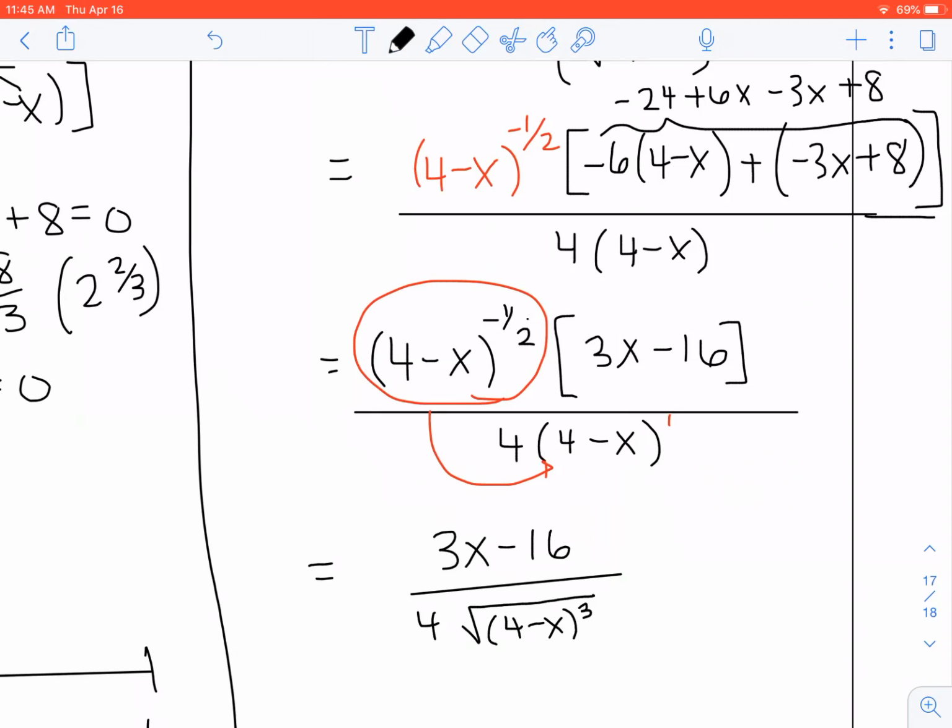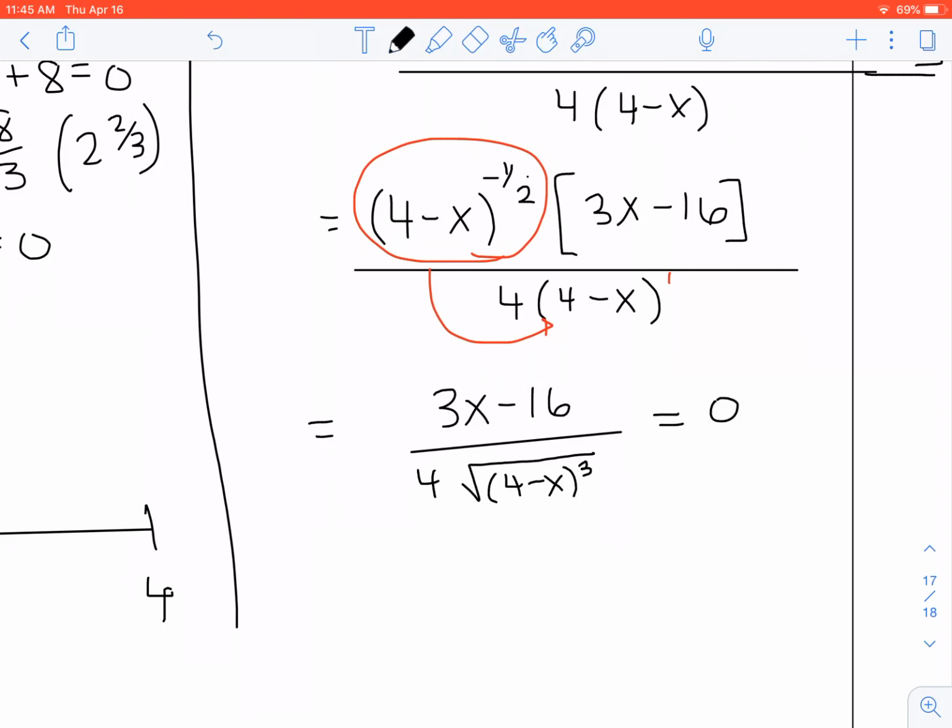So in order to find our possible inflection points, we take our second derivative and we set that equal to 0, and then also look at where the second derivative is undefined. So setting this equal to 0 and solving this, we're going to end up with 3x minus 16 equals 0. And then solving that, you're going to get x is equal to 16 over 3, which is the same thing as 5 and 1/3 as a mixed number.